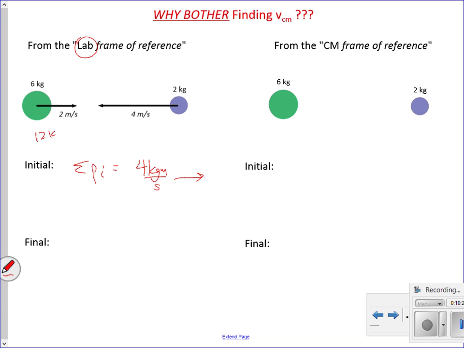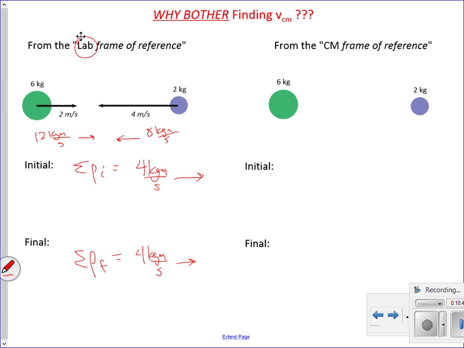This has 12 kilogram meters per second this way. This has 8 kilogram meters per second that way. Well, what did we just figure out? We just figured out what happens in the end. Because no matter what, the system experiences no net impulse. The system's momentum is conserved.